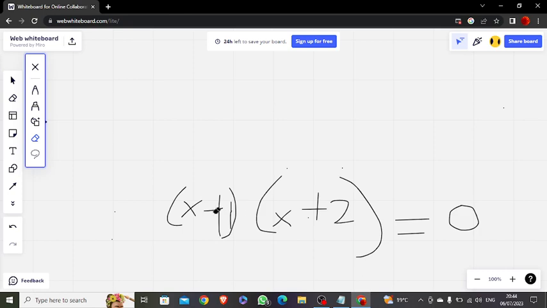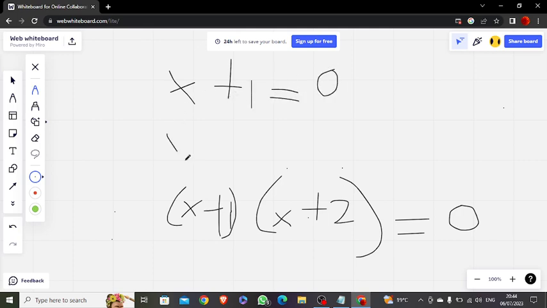And let's take the first one. If one of these equals 0, then we can just take it as a separate equation: x plus 1 equals 0, and x plus 2 separately equals 0. Therefore, x equals minus 1.